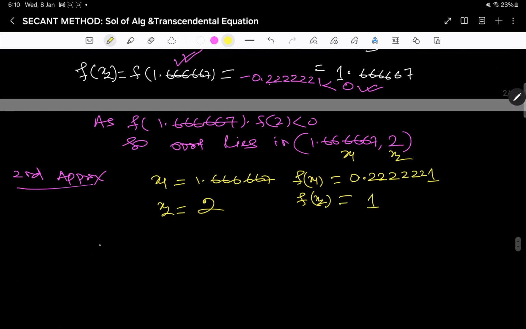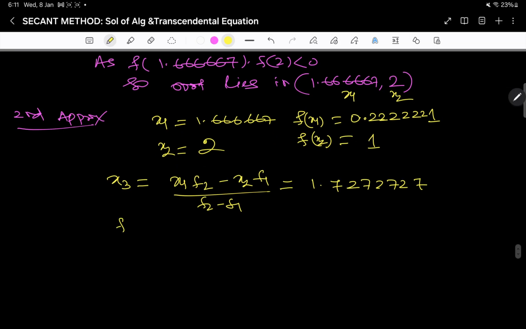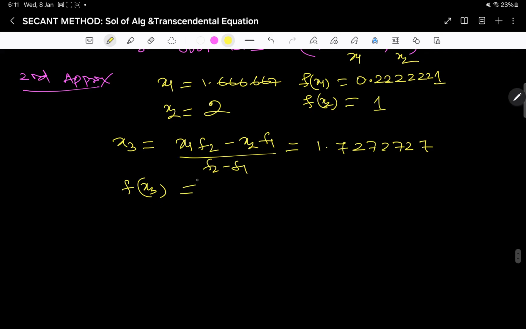So now what is my x3? x3 is equal to (x1 f2 minus x2 f1) by (f2 minus f1). If you solve it, you will get 1.727227, and similarly you find f of x3, you will get it negative, minus 0.0165289. It is negative.